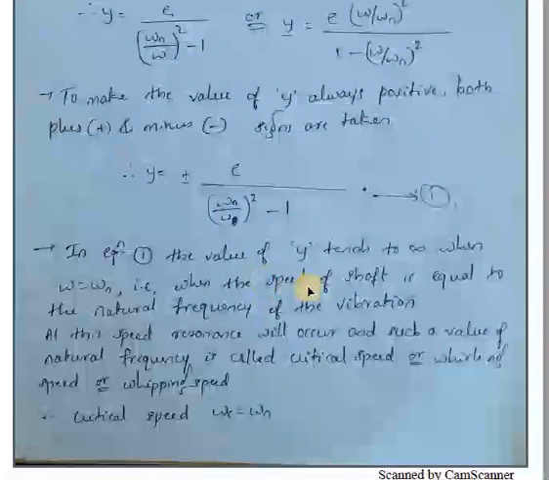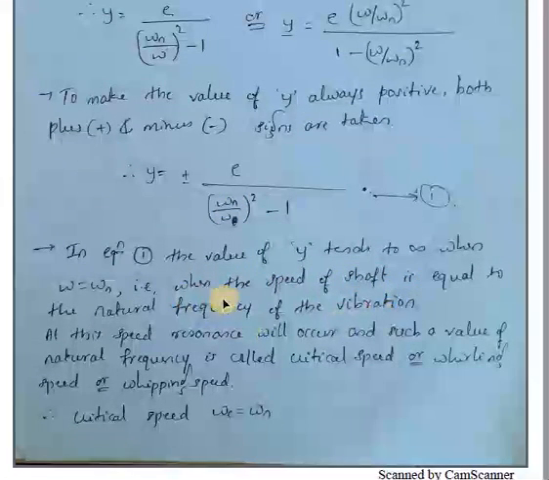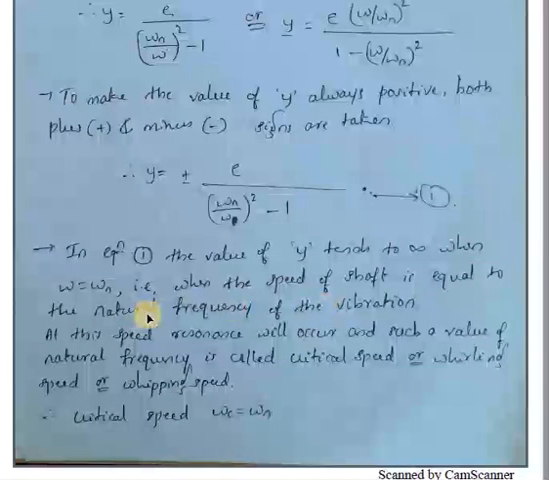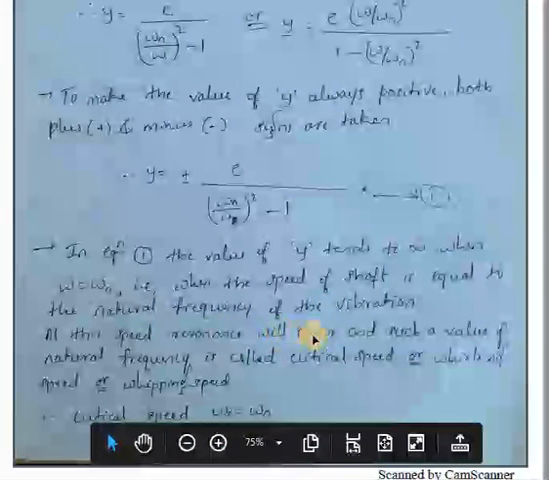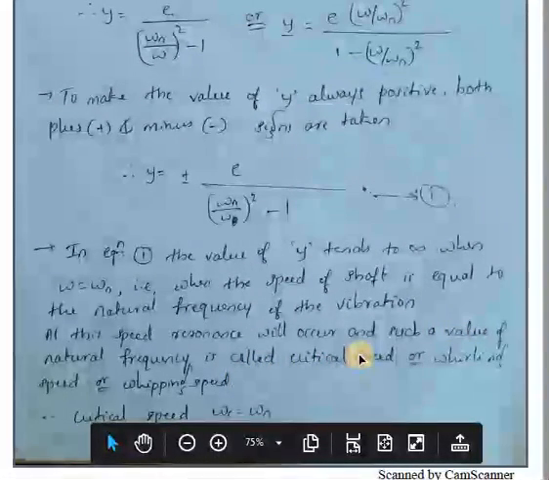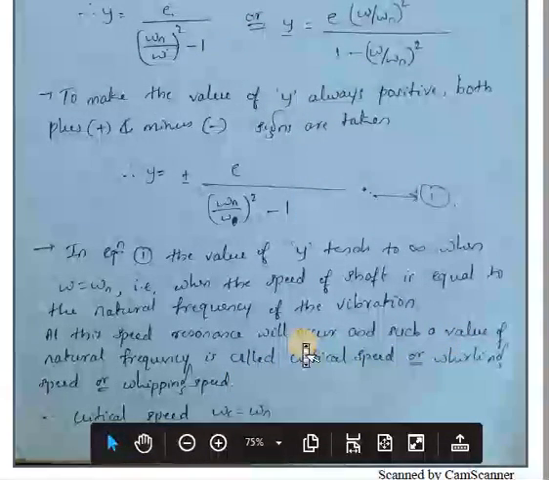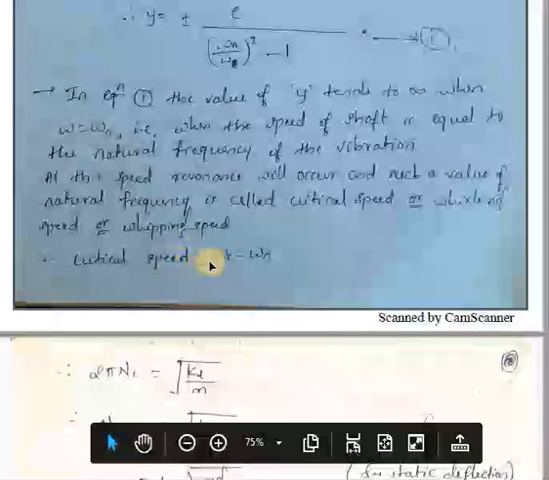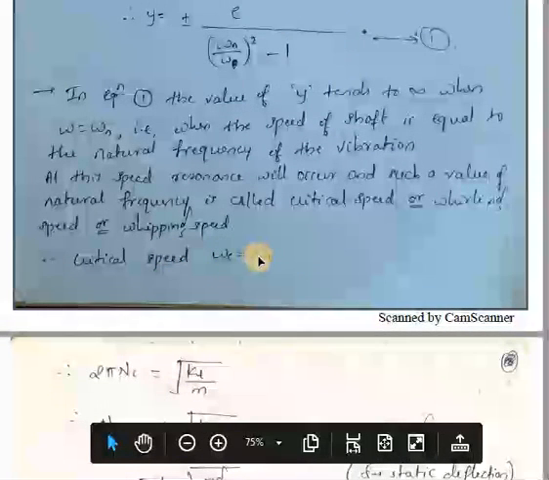That is, when the speed of the shaft is equal to the natural frequency of vibration, resonance will occur, and such a speed is called the critical speed, whirling speed or whipping speed. So critical speed omega c equals omega n.